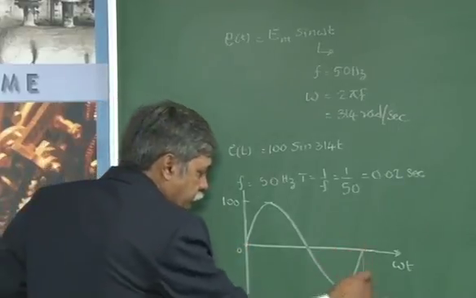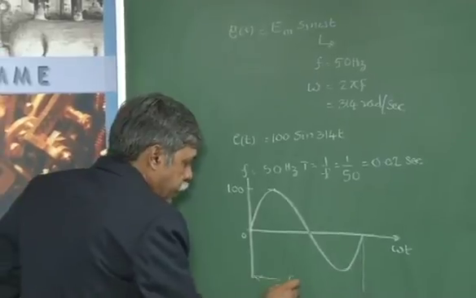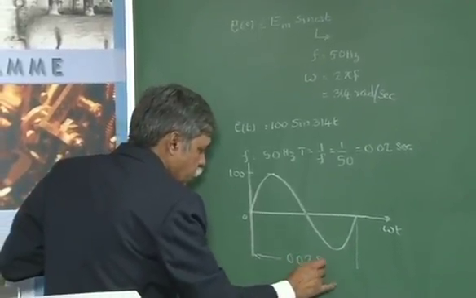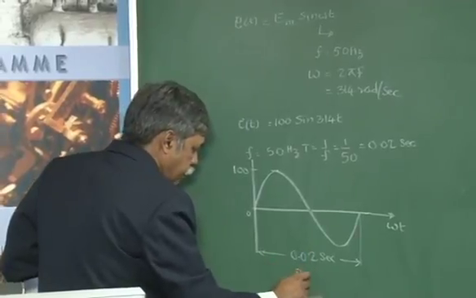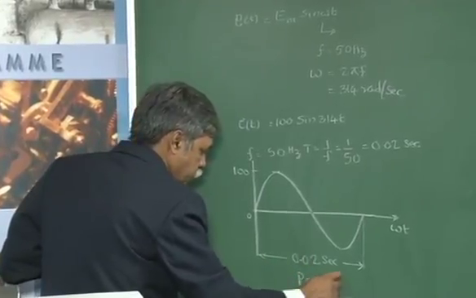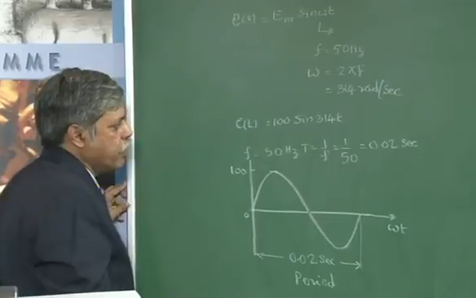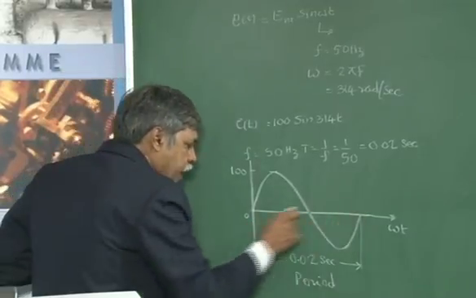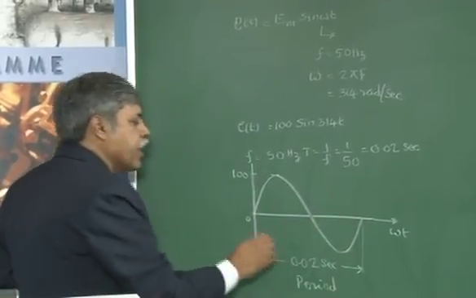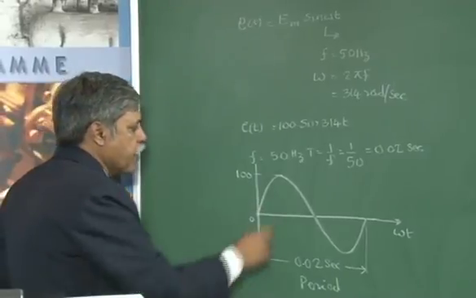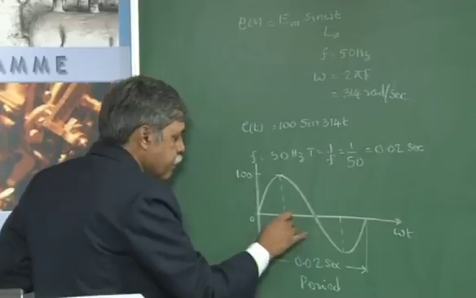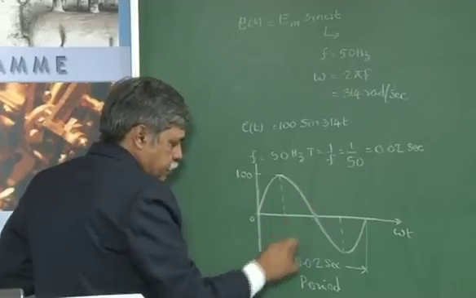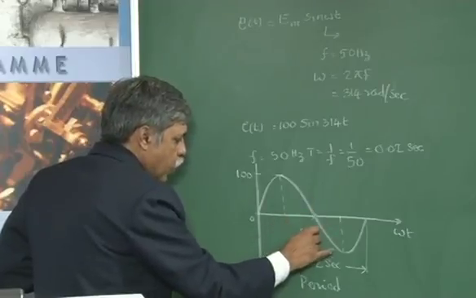It is taking 0.02 seconds to complete one revolution, or this is the time period, or simply we call it the period of the sine wave. Now here I can divide this period into smaller intervals. For example, if I divide this into two parts, this is half a cycle, so it becomes 0.01 seconds.